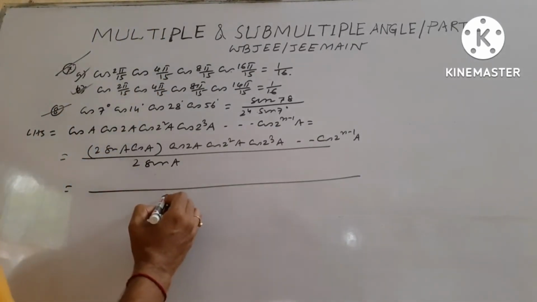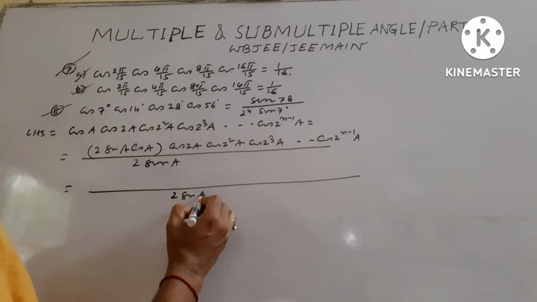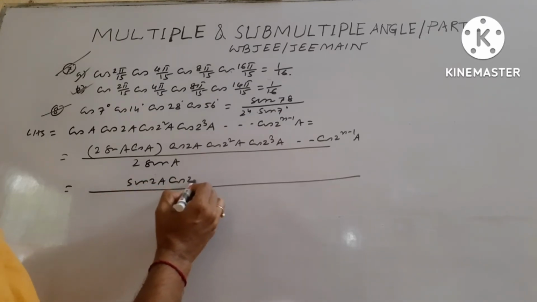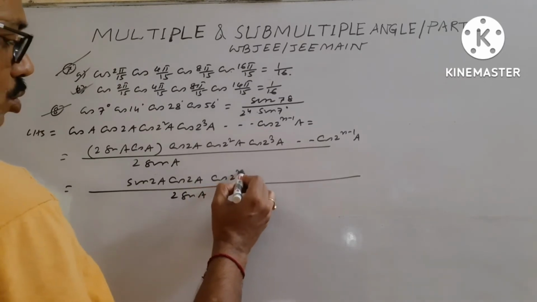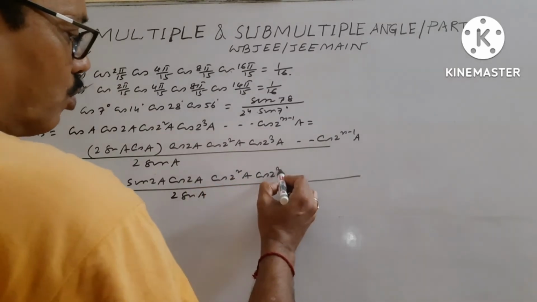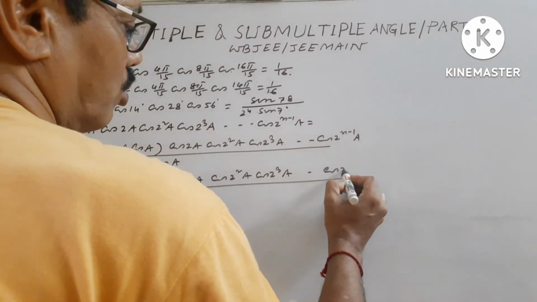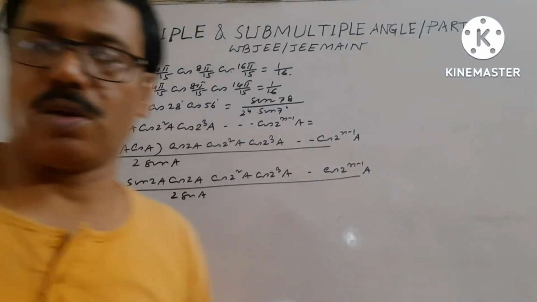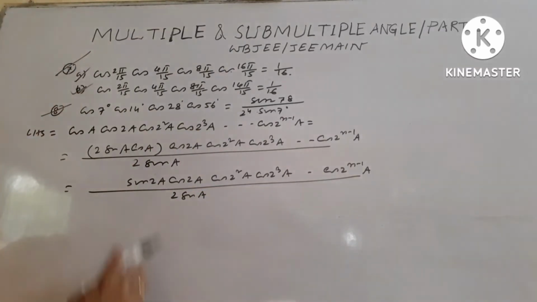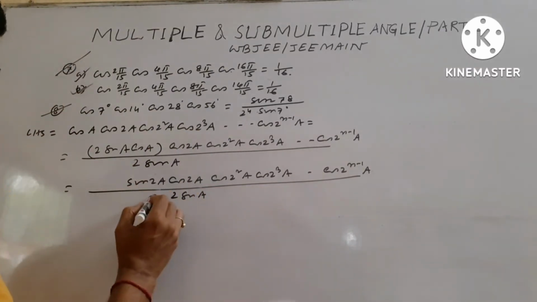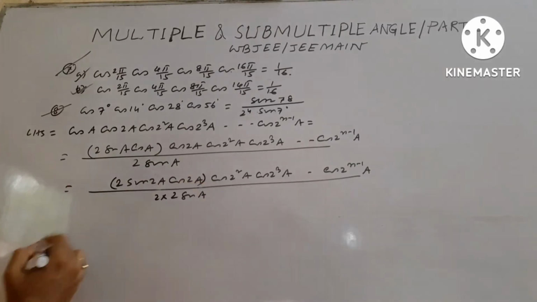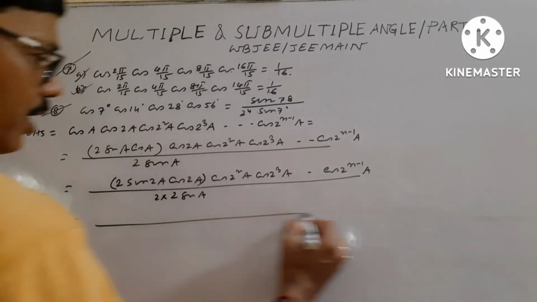This is 2 sine A unchanged, sine 2A, cos 2A, cos 2 square A, cos 2 cube A, up to cos 2 to the power n minus 1 A. Now look, this is sine 2A, this is cos 2A.